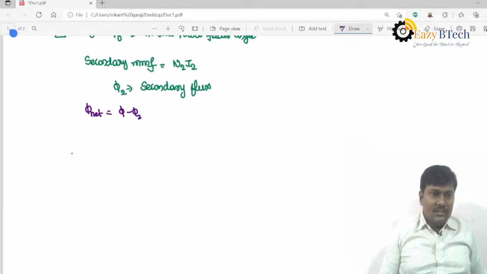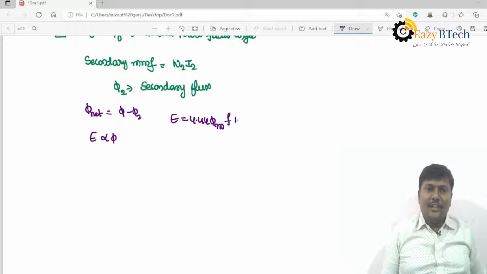Because of this, EMF, which is directly proportional to flux, will decrease. Why? Because E is equal to 4.44 into phi m into f into N1 or N2. The EMF value will decrease, so E2 minus V2, the drop, increases.